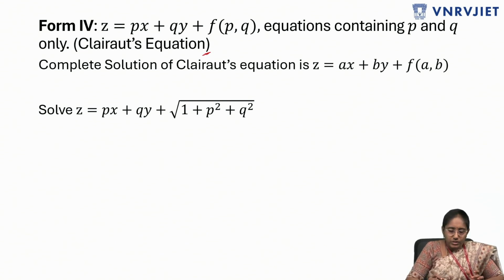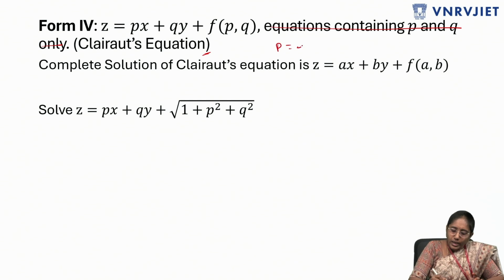The equation is of the form z is equal to px plus qy plus f of p comma q. This particular form is called Clairaut's equation. So this is a very short method.